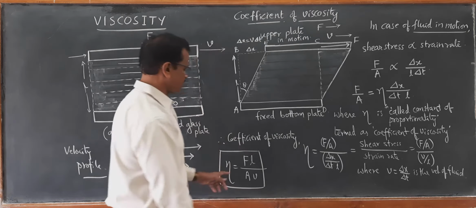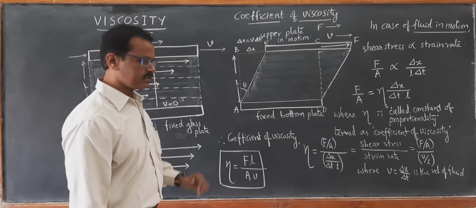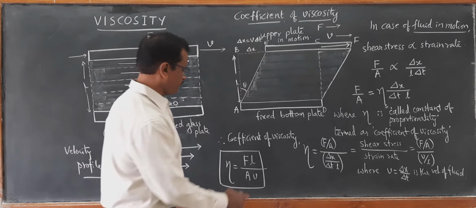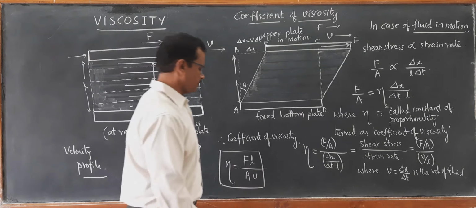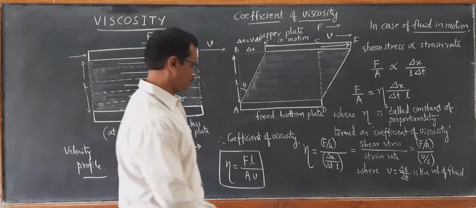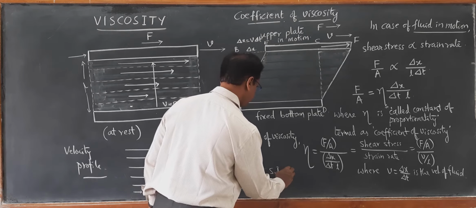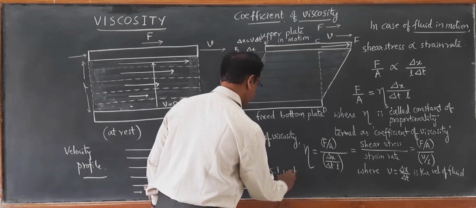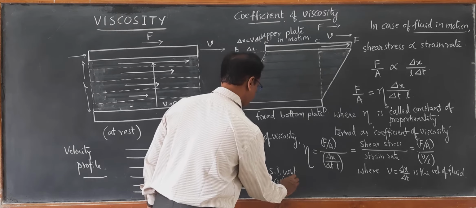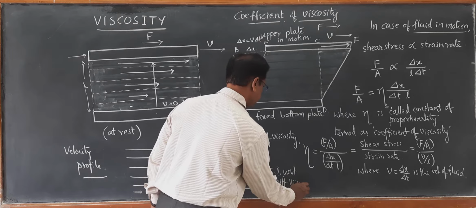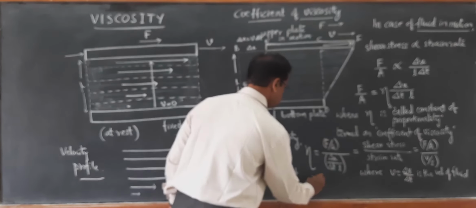So based on this, we can find out what is the SI unit of the coefficient of viscosity. The SI unit of coefficient of viscosity is termed as Poiseuille, named after the scientist Poiseuille.